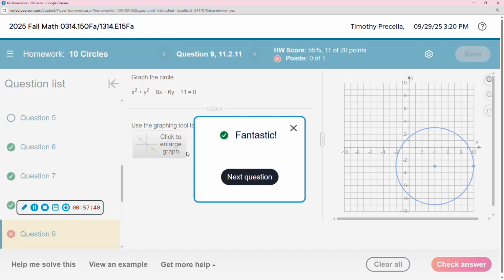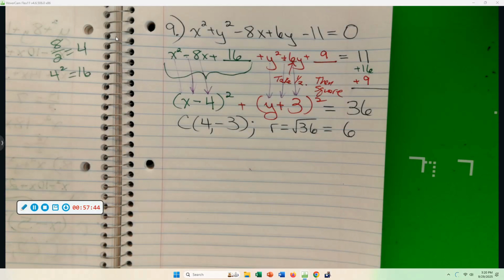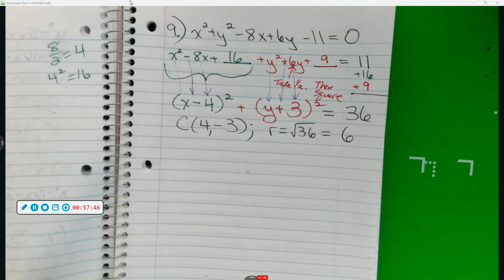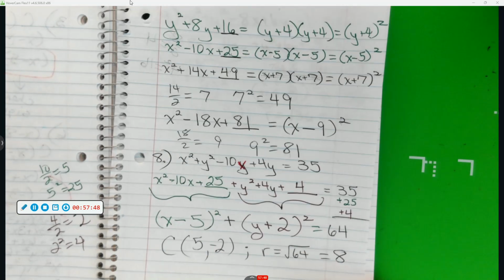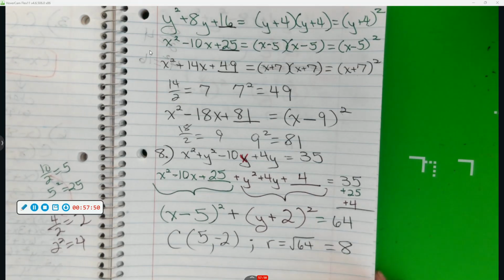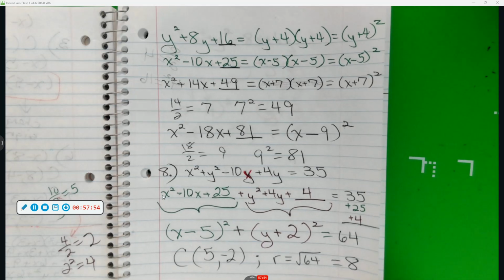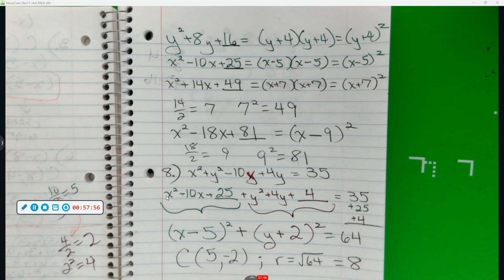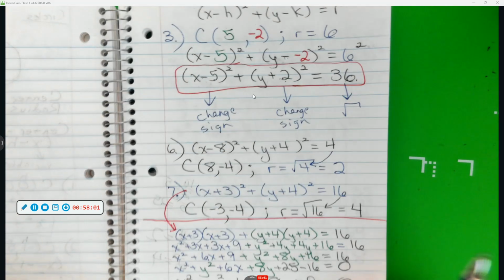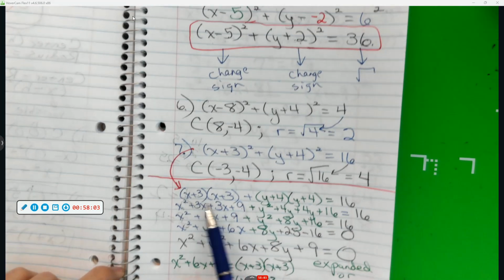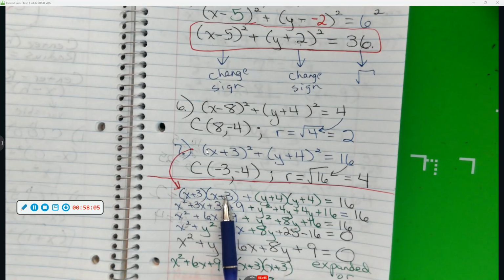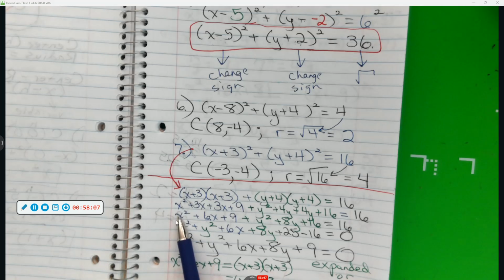No matter what, if you take that x minus h squared and FOIL it out, you're just going to get x squared. You're not going to wind up with 4x squared or 5x squared. With x plus 3 times x plus 3, we got 1x squared, not a 5x squared.